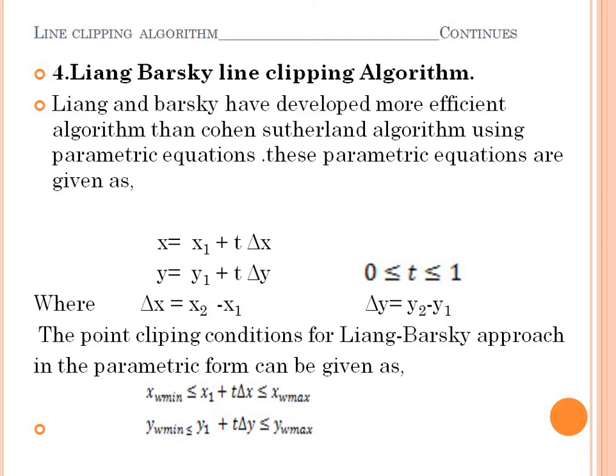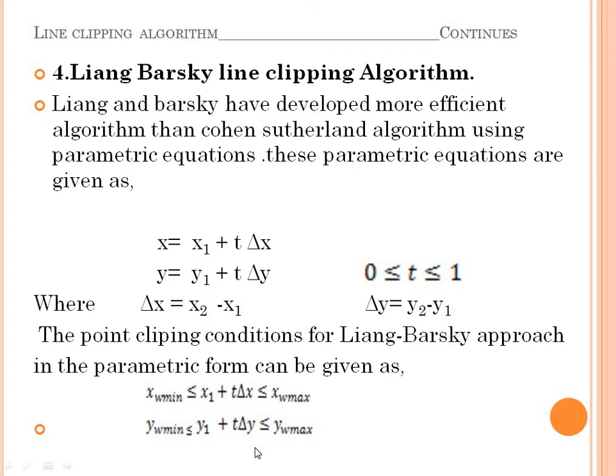In that there are two inequalities: xw minimum is less than or equal to x is less than or equal to xw maximum, and the second inequality is yw minimum is less than or equal to y is less than or equal to yw maximum. By using these two inequalities we do the point clipping algorithm very well.